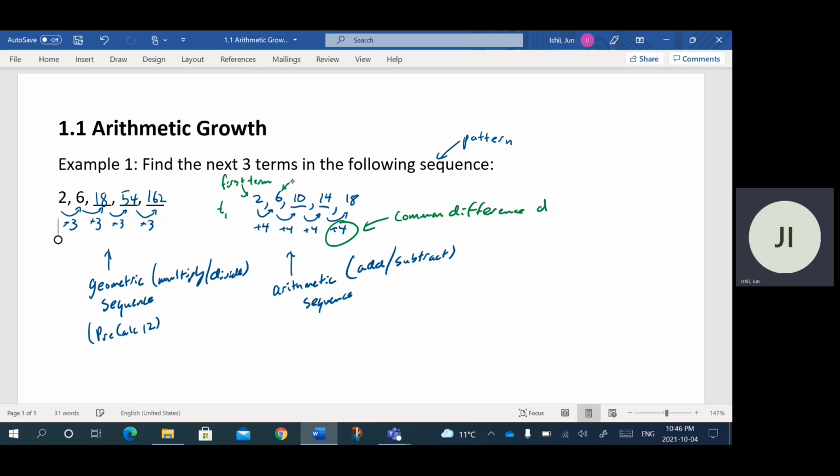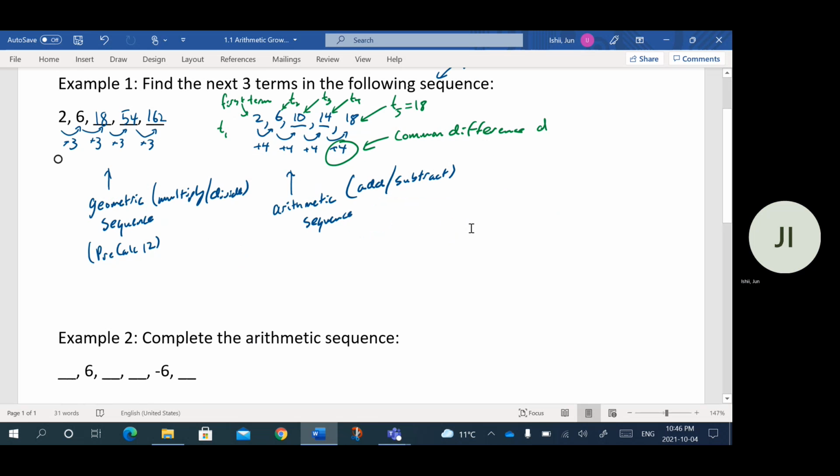So that logically means that 6 here would be t2, 10 is t3, 14 is t4, and 18 is t5. So the fifth term in the sequence is 18, so t5 is equal to 18 in this example. I just wanted to show some of the notation behind it.